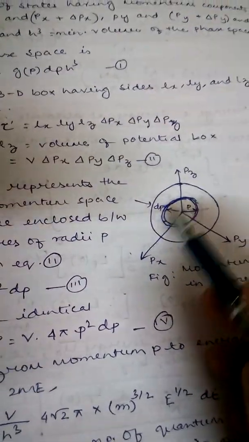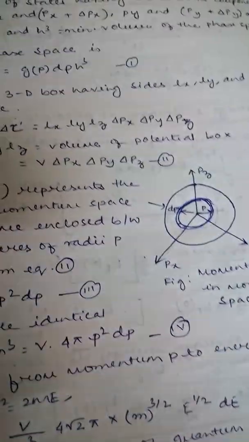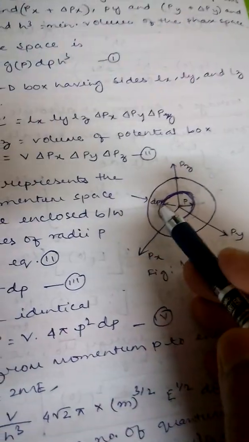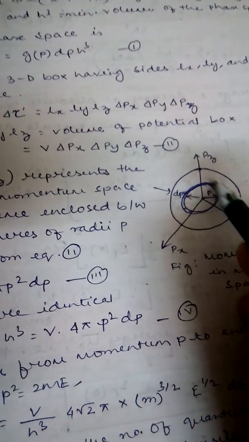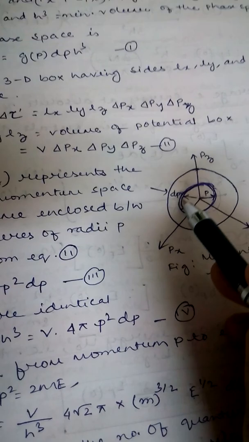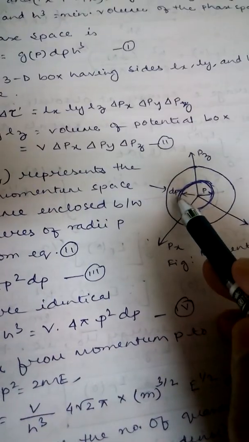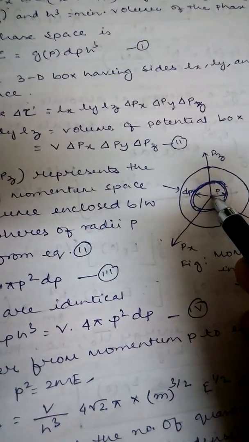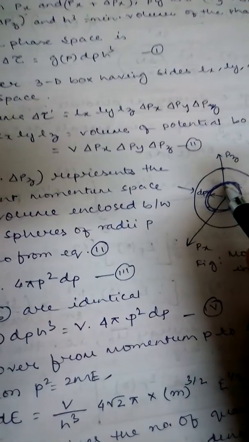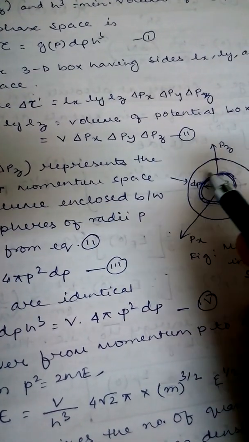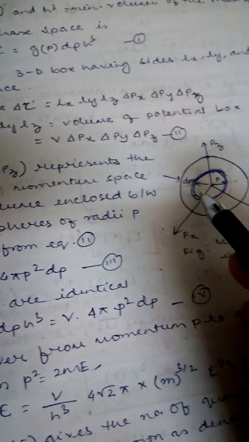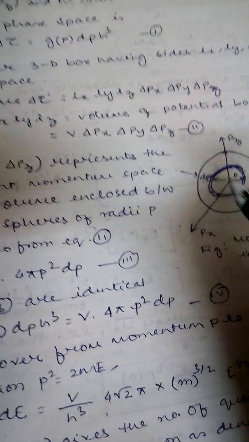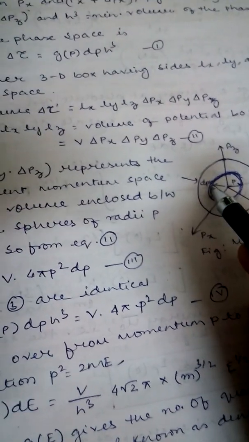Exactly in the same way, we consider a momenta sphere. Px, Py, Pz are three momenta coordinates, and we consider an elementary volume of thickness dp and radius p. So delta Px, delta Py into delta Pz should be equal to 4 pi p square into dp.